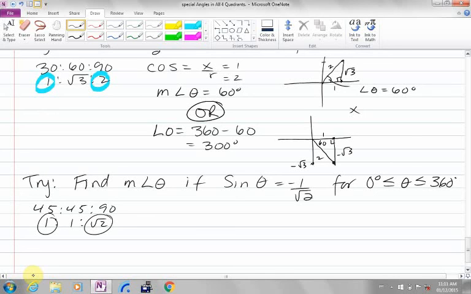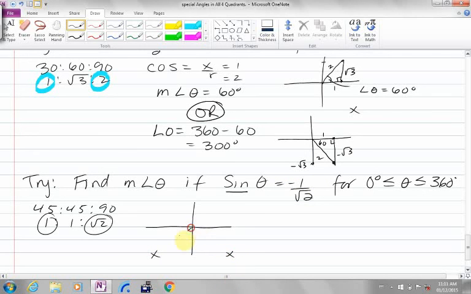That's the first thing. Now we know that sine is negative. So we have to ask ourselves, in what quadrants is sine negative? 3 and 4. Because sine is negative where y is negative, because r is always positive. Y is negative in quadrants 3 and 4. So we know that we're down in these two quadrants here.